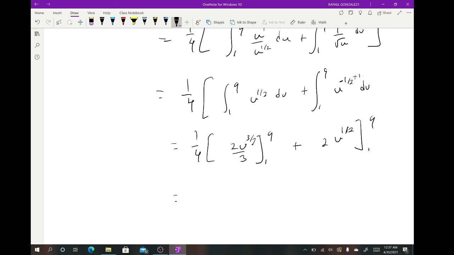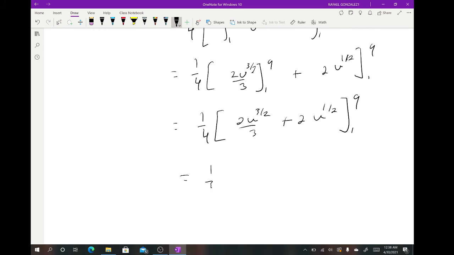Okay, so now we can plug in for our limits of integration. Notice that they both have the same limits of integration, so I could actually write it like this: 1 over 4 times (2u to the 3/2 over 3 plus 2u to the 1/2) from 1 to 9.